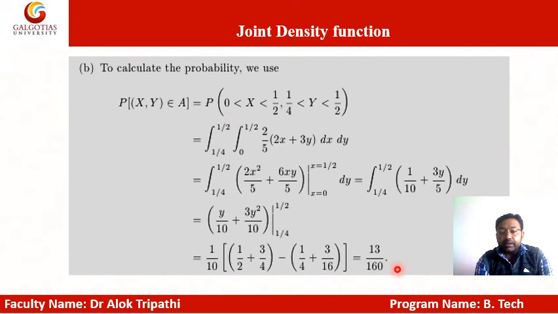When we integrate it, we get 13/160. This is our probability when the random variables x and y lie in the region A. This is how we can generate probabilities from joint probability density functions.